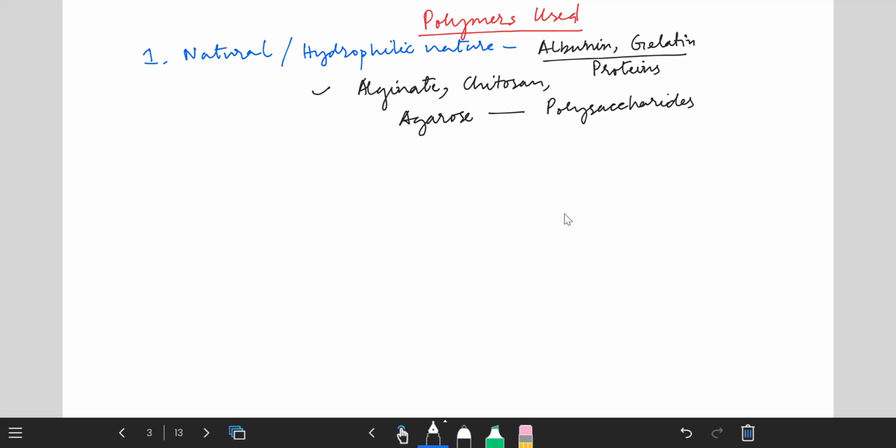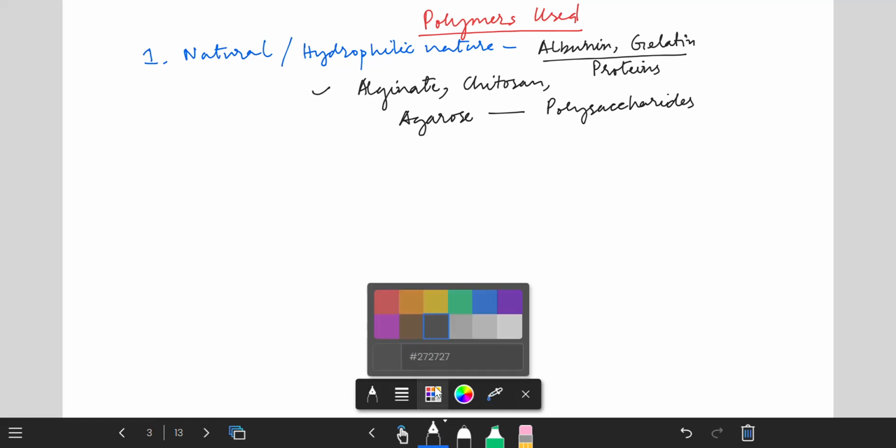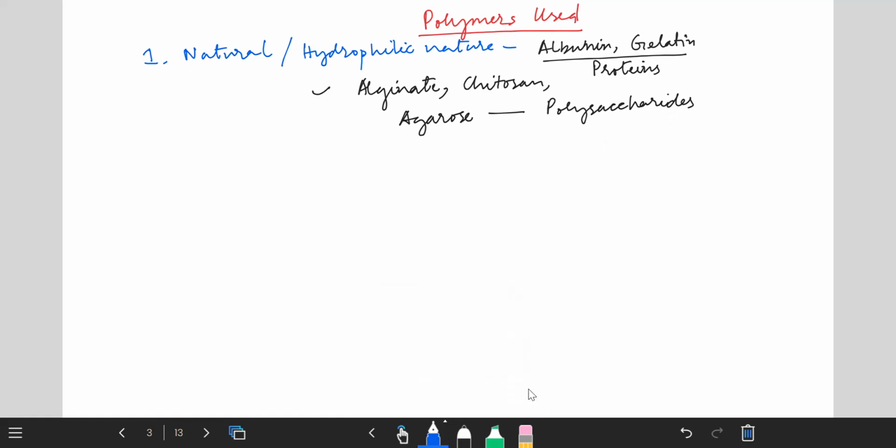Okay. Now, the second one is synthetic polymer, which is hydrophobic in nature.